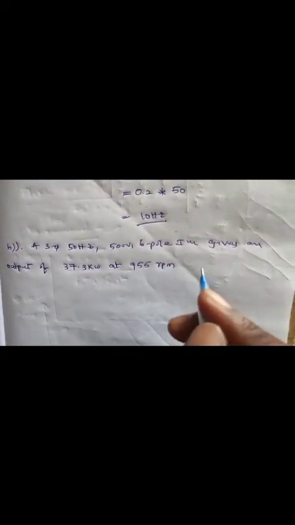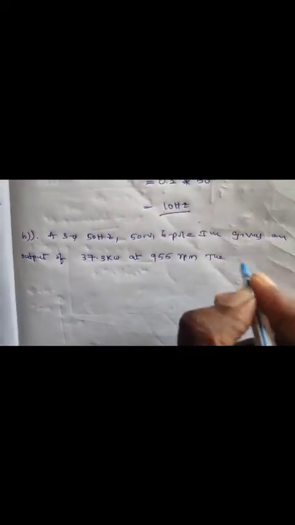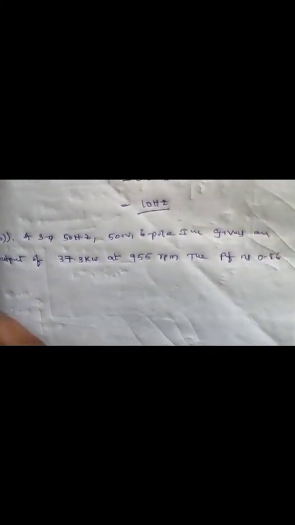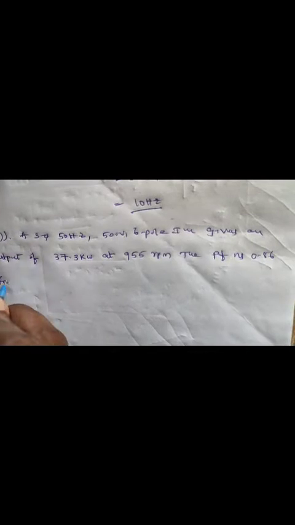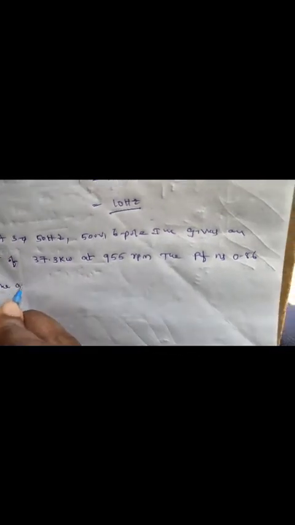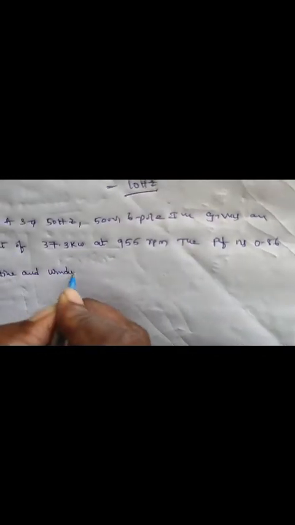At 955 rpm, the power factor is 0.86. Friction and windage losses is 1492 kilowatts. Losses total is 1490 kilowatts.